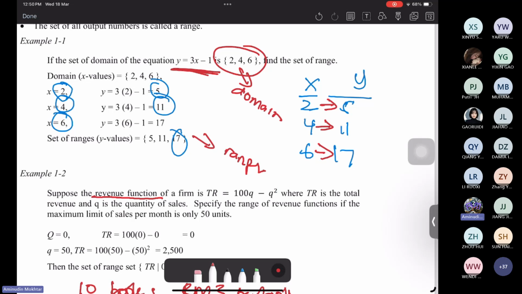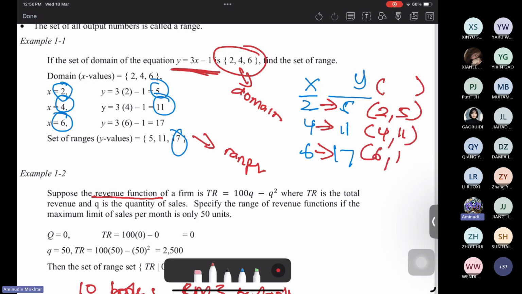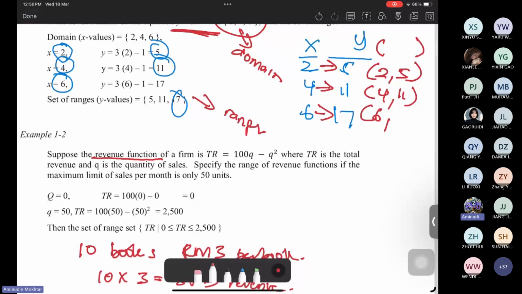So this combination of x and y, we can put in brackets: (2, 5), (4, 11), and (6, 70).